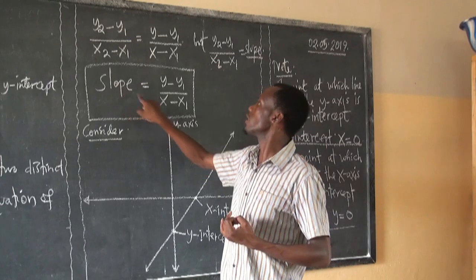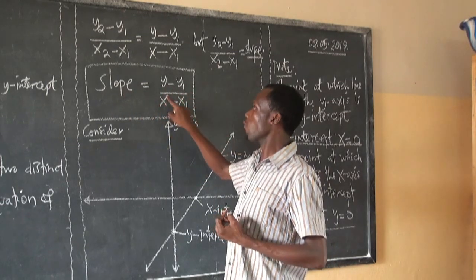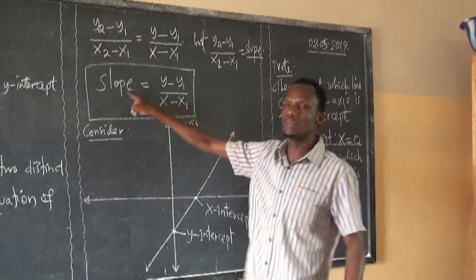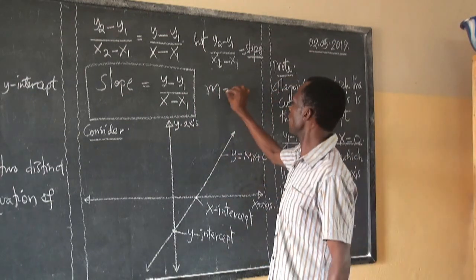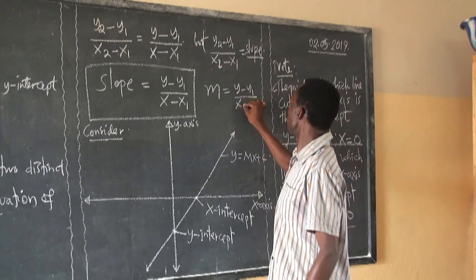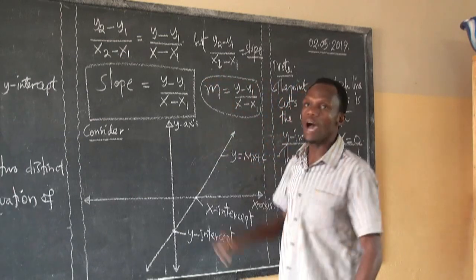Slope is equal to y minus y1 over x minus x1. In other words, remember slope is abbreviated by m, where m is equal to y minus y1 over x minus x1. So this is the formula. Now it is where you find it.